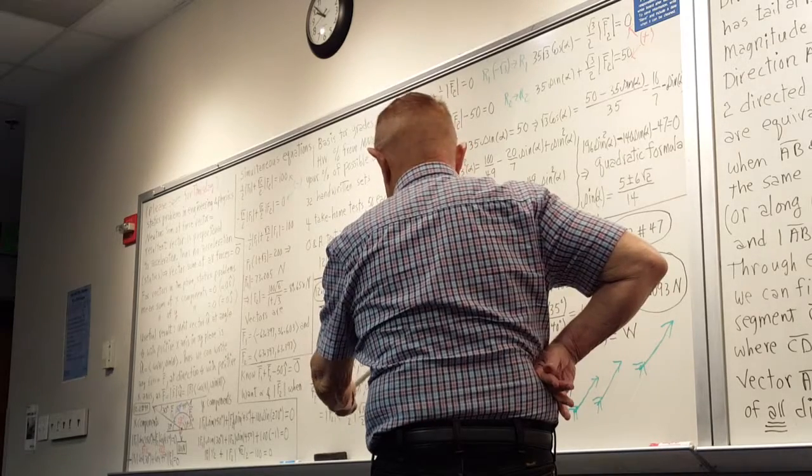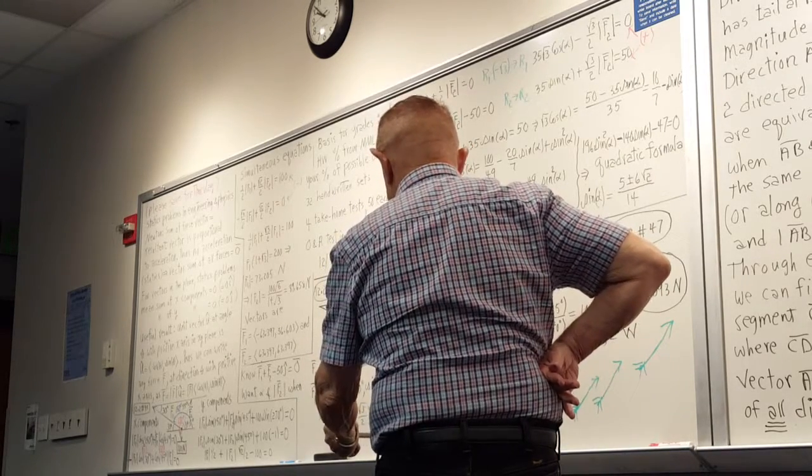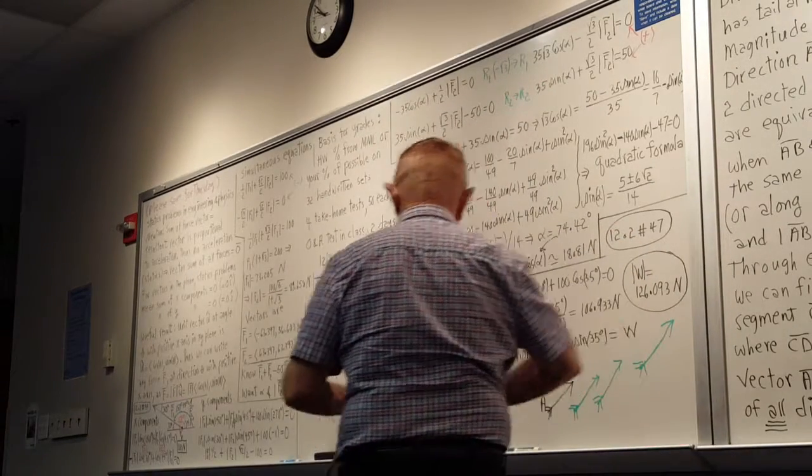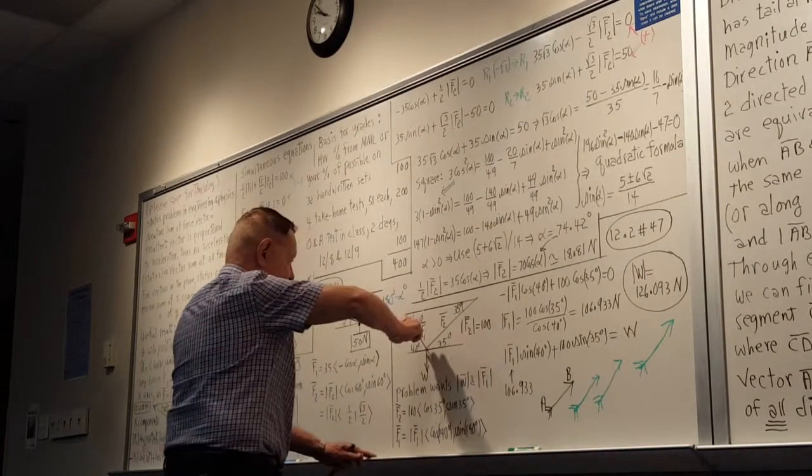The one pulling to the left is the unknown magnitude, and is your angle again coming around like this.